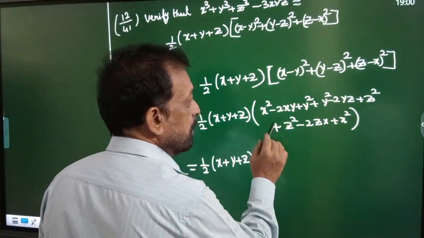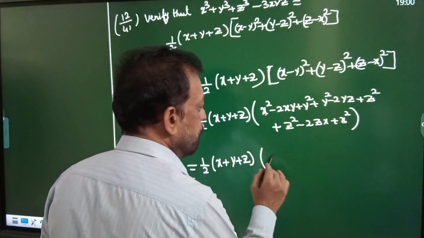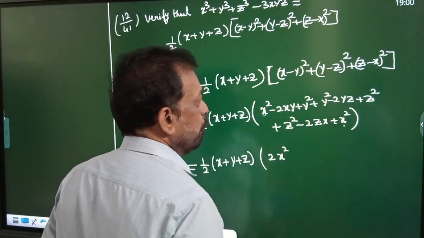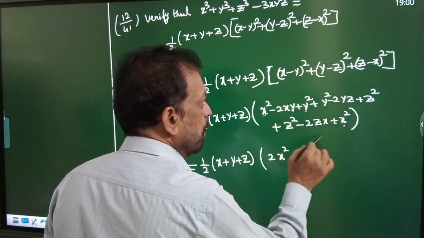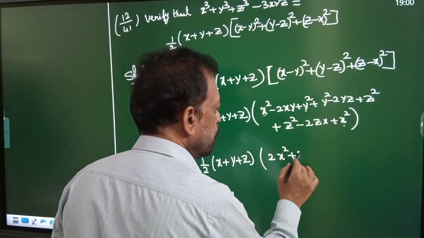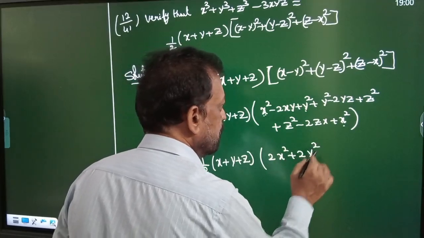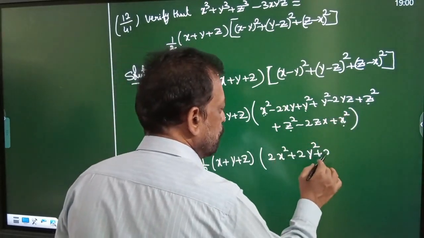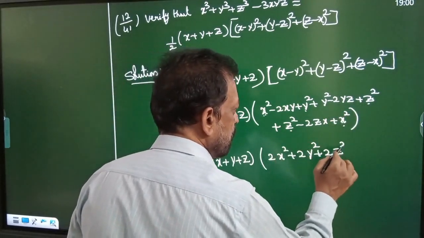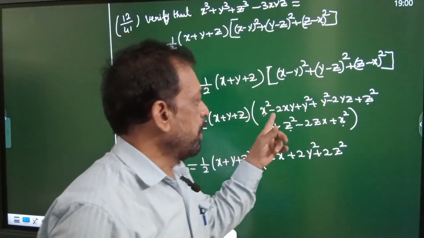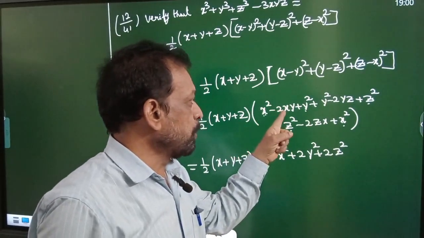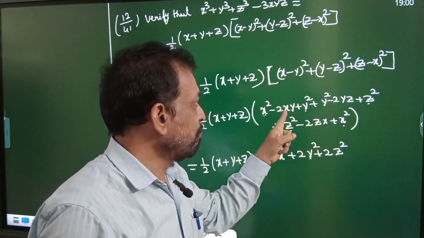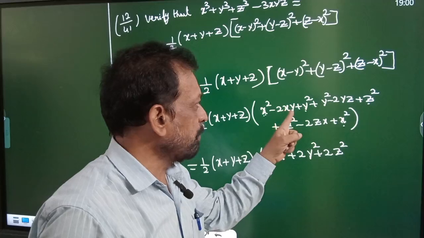Now here x square is there, here x square is there. I can put 2x square. Now y square plus y square gives 2y square. Next z square plus z square gives 2z square. Have you all understood? Now let's see here: minus 2xy, minus 2xy.